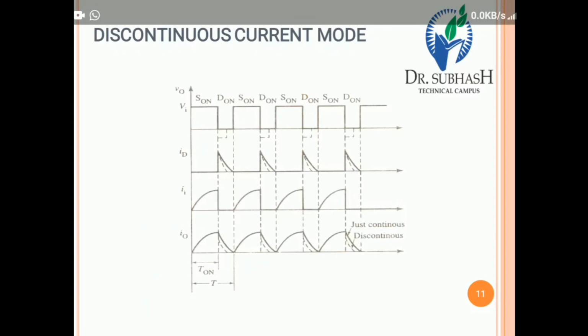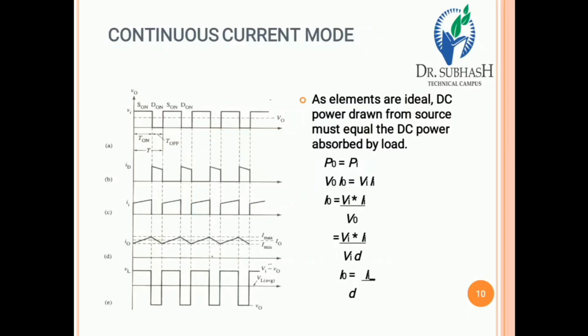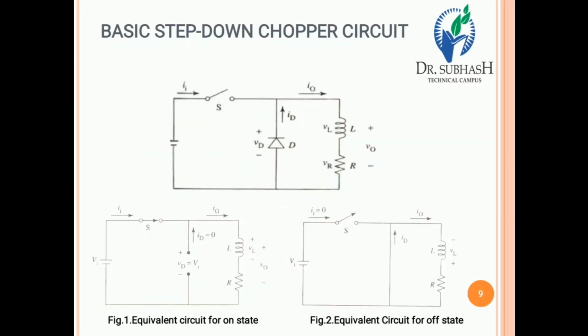Now let us discuss continuous current mode and discontinuous current mode. This is the second waveform of the discontinuous current mode. In discontinuous current mode, we do not get continuous outputs, so the polarity of the waveforms will be reversed.